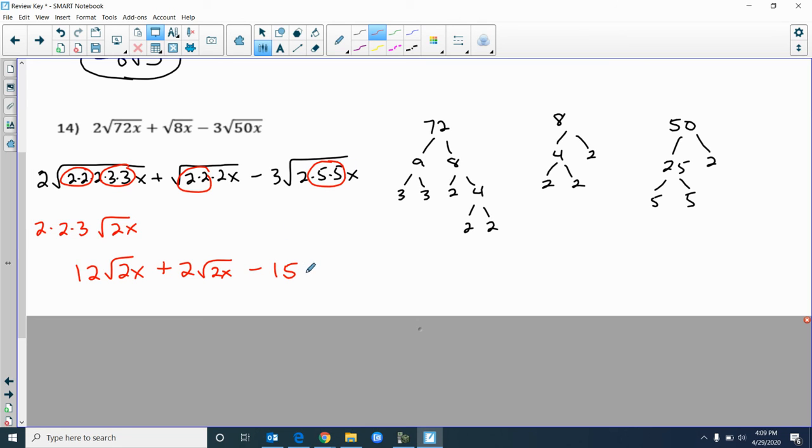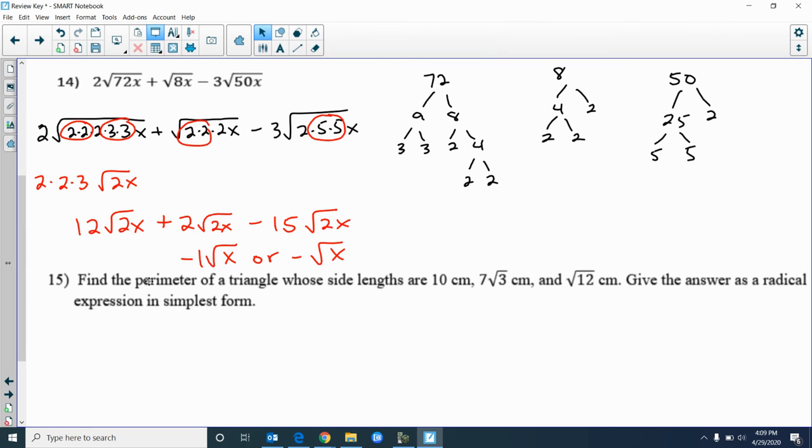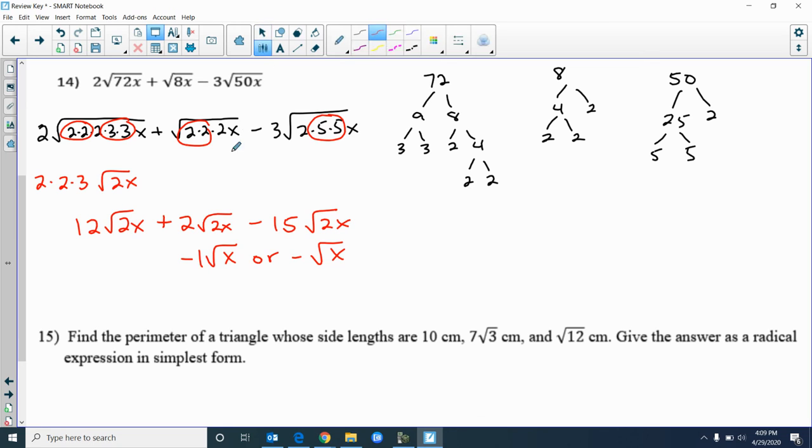It's 15 square root of 2x. 12 plus 2 is 14. 14 minus 15 is negative 1 square root of x, or you can write it as just negative square root of x. But that'll be the answer for number 14. Okay, just don't write them both down. Just one of them is fine.